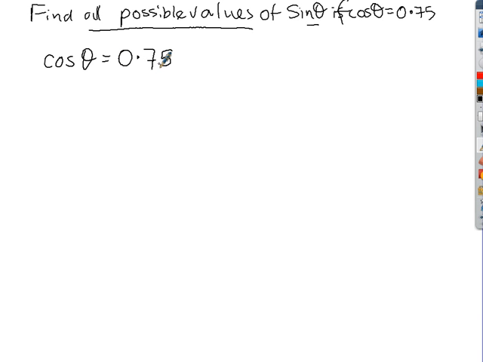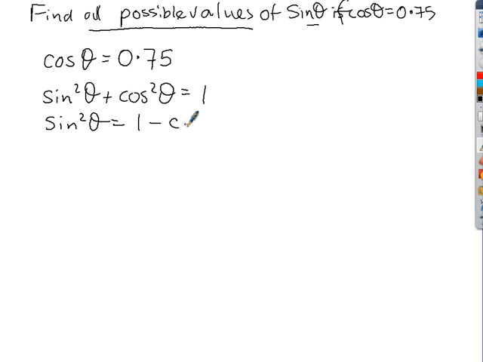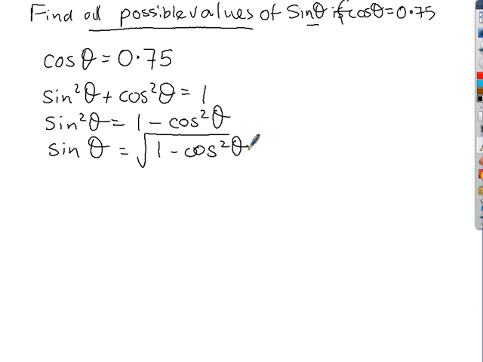0.75, and we know that sine squared theta plus cos squared theta is equal to 1. So sine squared theta equals 1 minus cos squared theta, or in other words, sine theta equals the square root of 1 minus cos squared theta. Okay, so we know cos theta is 0.75, so we can substitute that in.